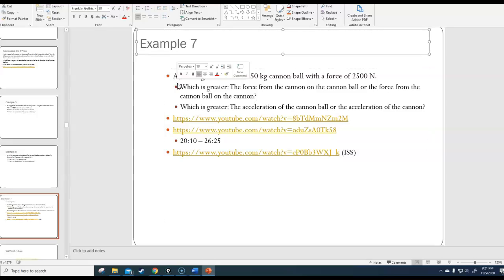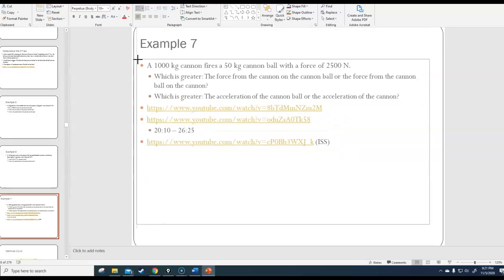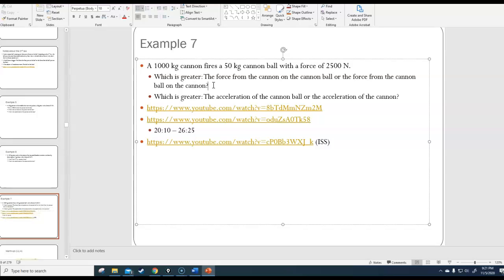Now, of course, if you've been paying attention, you know that those forces are equal and opposite. And so neither force is greater, both of those forces are the same. But one object does have a greater acceleration than the other. The cannonball has a greater acceleration compared to the cannon because the cannonball has less mass.